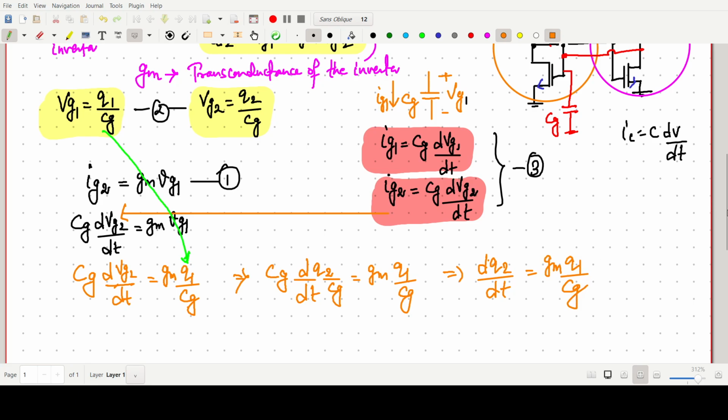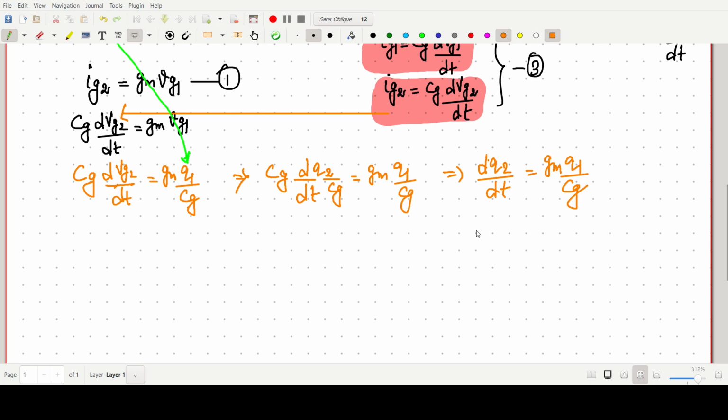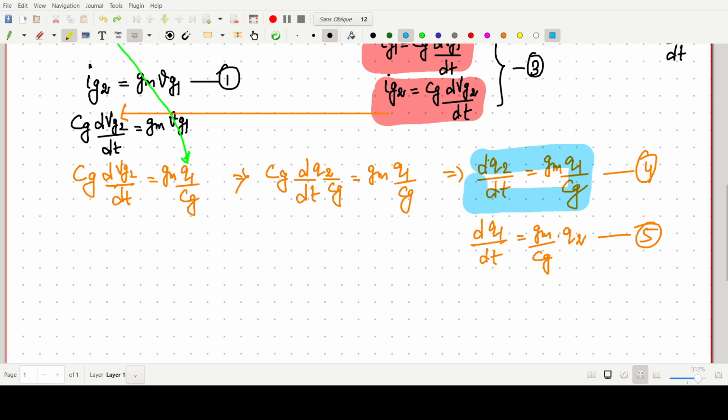Similarly, if we write another expression, one more equation we can write: dQ1 by dt equals Gm by Cg into Q2. Say equation number 4 and equation number 5. If we are able to write this expression, we can also write this one.